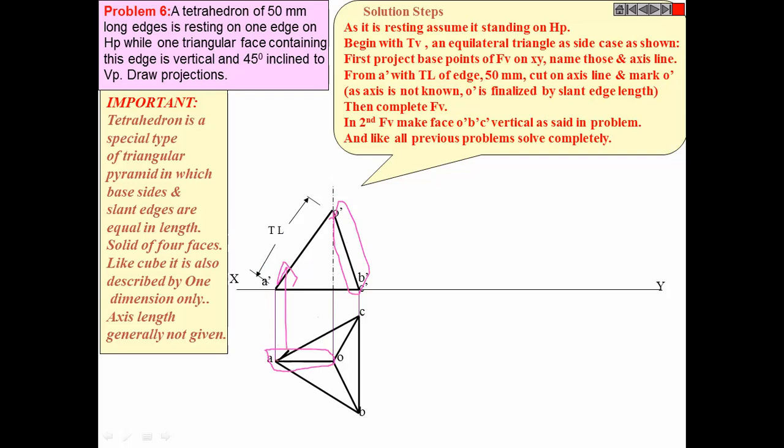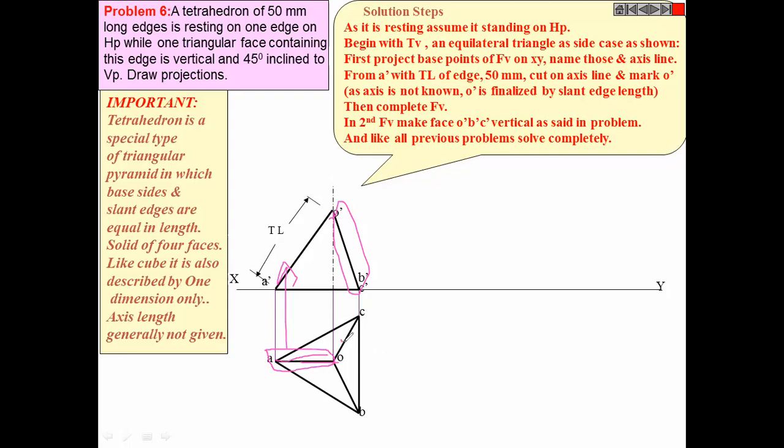Because if you consider a plane passing through that line, it is perpendicular to HP but parallel to VP. If some plane is parallel to VP, we can see its true length, true shape, etc. in front view. Correct? We have been discussing this. Correct or not?